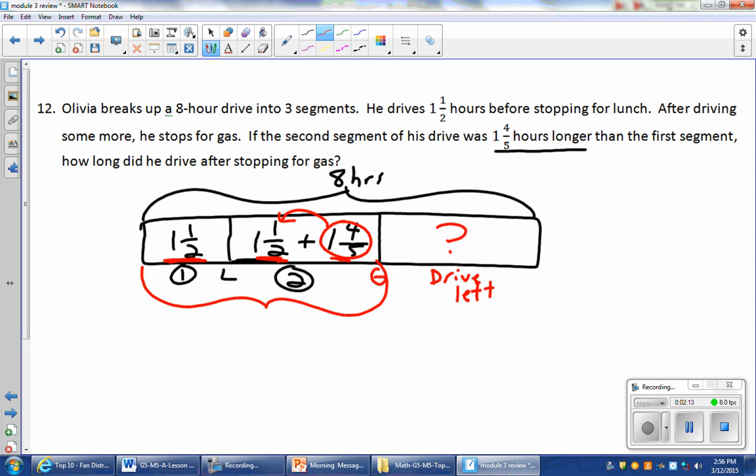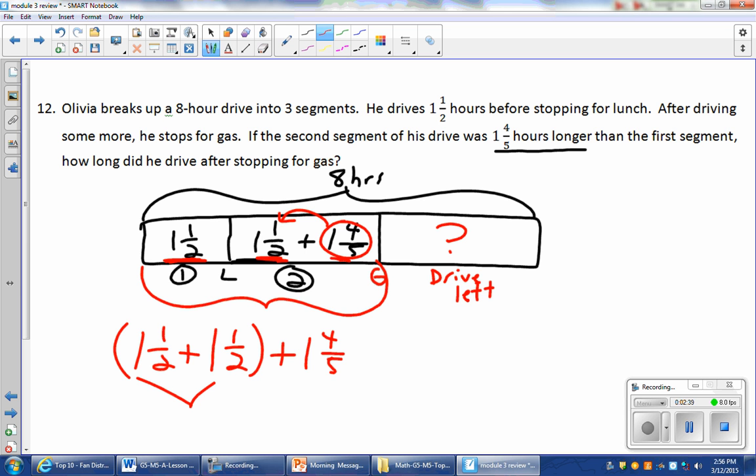Now this is mental more than I have to do in an algorithm or anything else. Does anybody see what I could do here, that I could do this a little bit mentally? You can add 1.5 plus 1.5, and then add my 1 4/5.